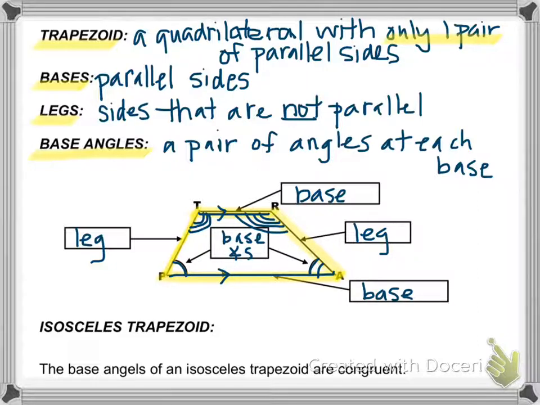An isosceles trapezoid is a special type of trapezoid. If you remember, in an isosceles triangle, they have at least 2 sides that are congruent. Pretty much the same thing with the trapezoid. An isosceles trapezoid is a trapezoid where the legs are congruent.